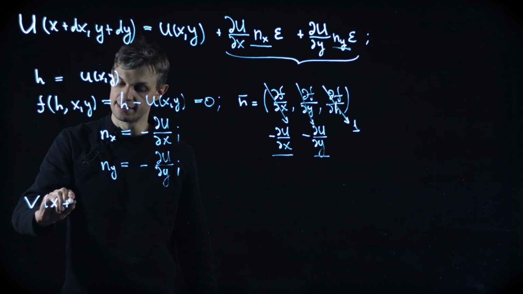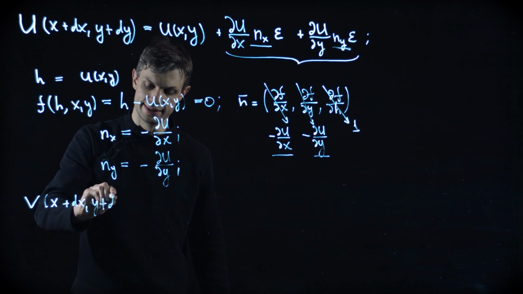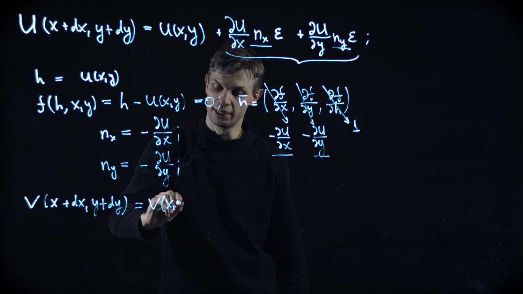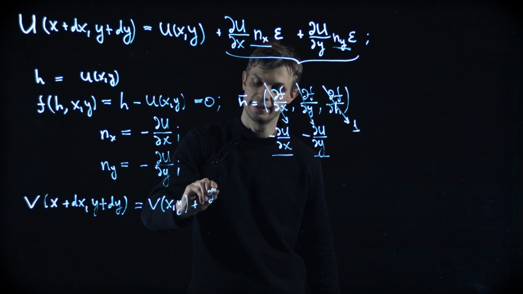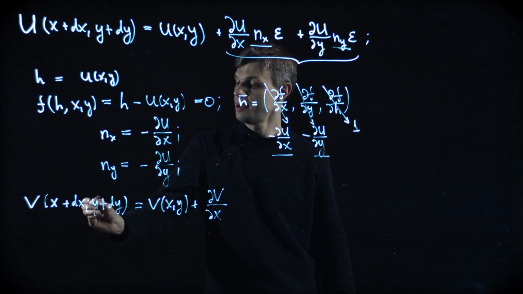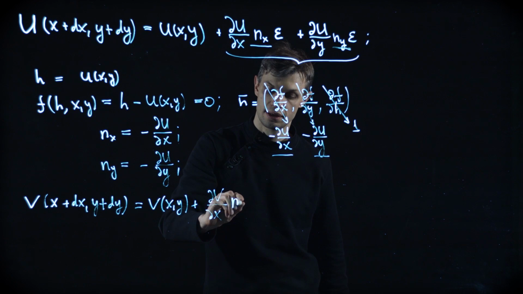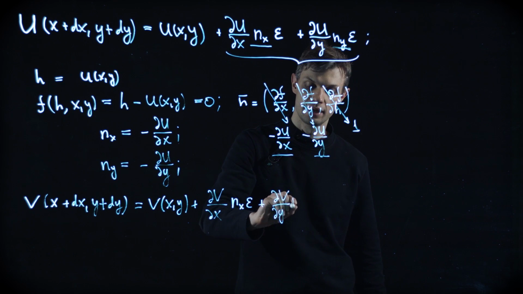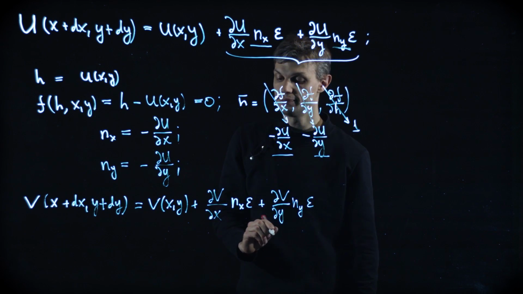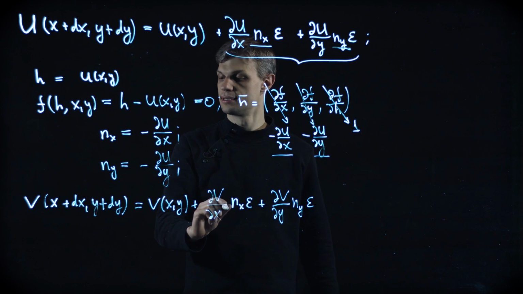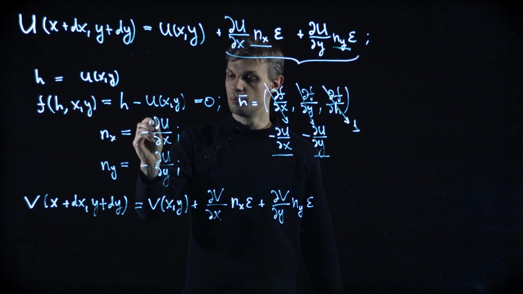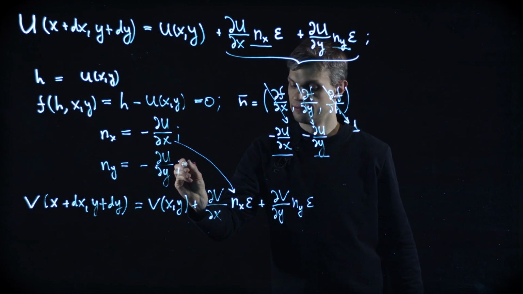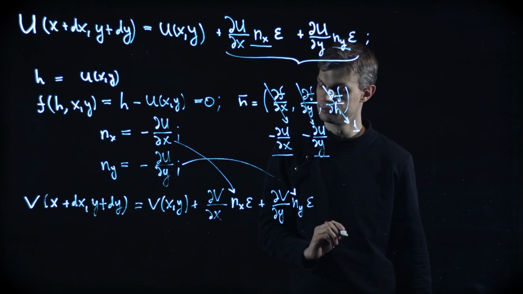So v of x plus dx, y plus dy is equal to, okay, the same formula, v of x and y plus dv over dx times dx, but dx is nx epsilon, plus dv over dy and y epsilon. And then let's fix epsilon. We plug in minus du over dx for nx and minus du over dy for ny. Okay.